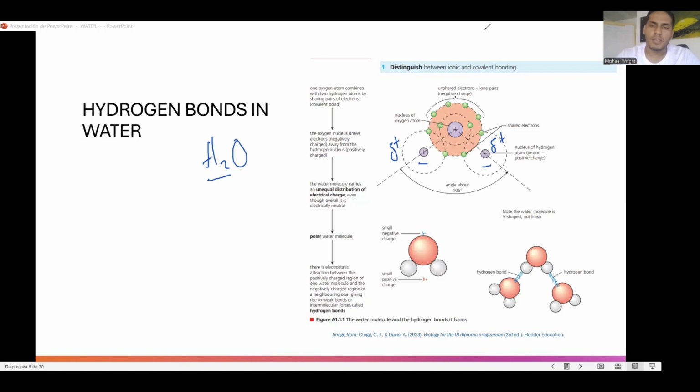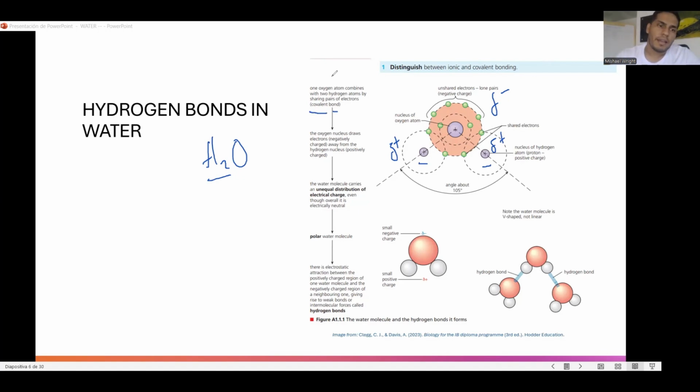In the oxygen case, we have a partial negative charge. It will be partially negatively charged because its electronegativity value is higher than that present in the hydrogen. So one oxygen atom combines with two hydrogen atoms by sharing pairs of electrons, and this is covalency.